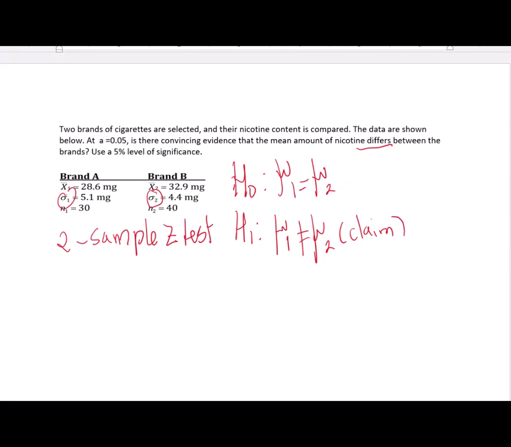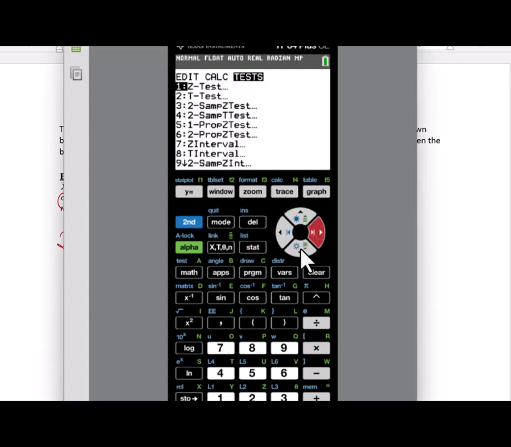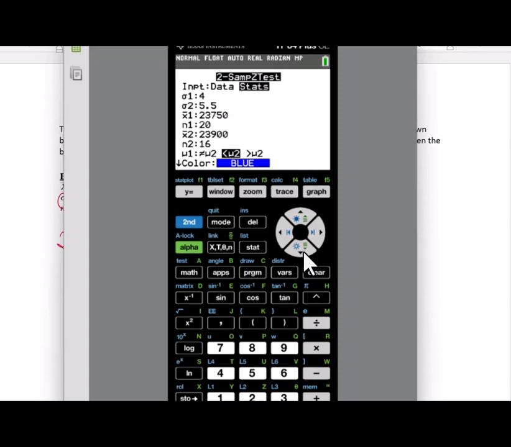Let me show you how to do that on the calculator. So go to stat, tests, two-sample z-test, number 3, press enter. It's summary. He's asking for sigma 1, which is 5.1. Now he's going to ask for sigma 2, which is 4.9.